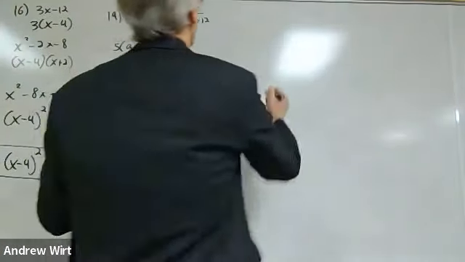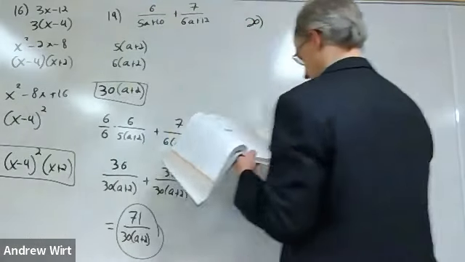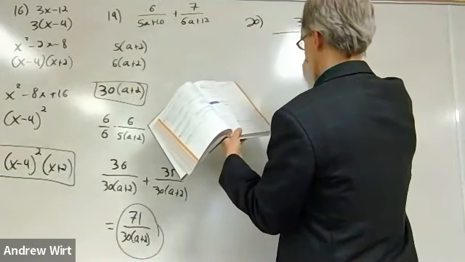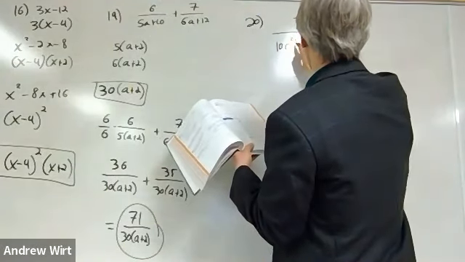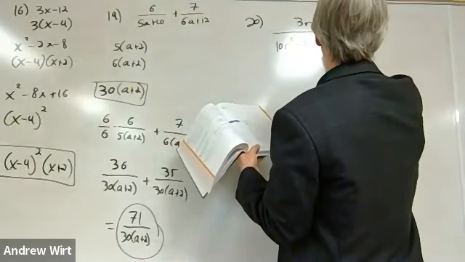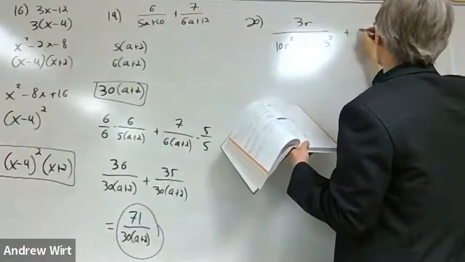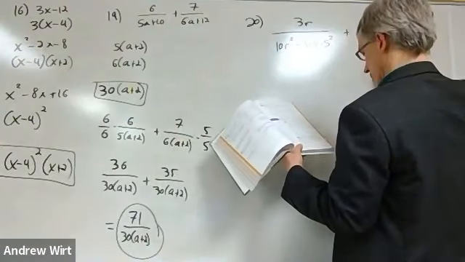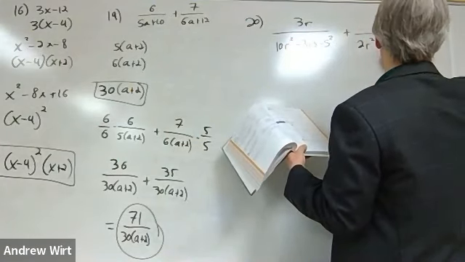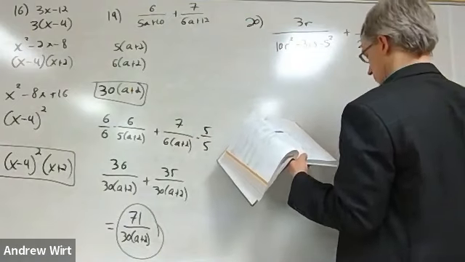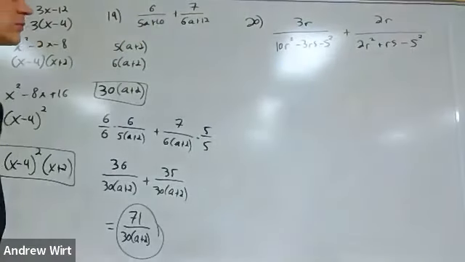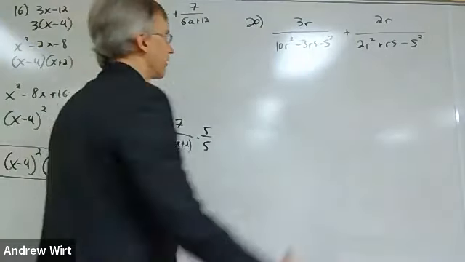Number 20. So we'll start by factoring the denominators.